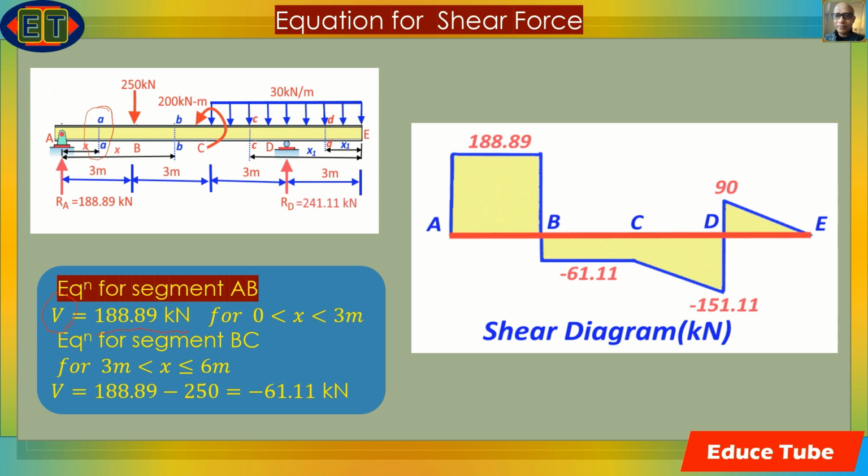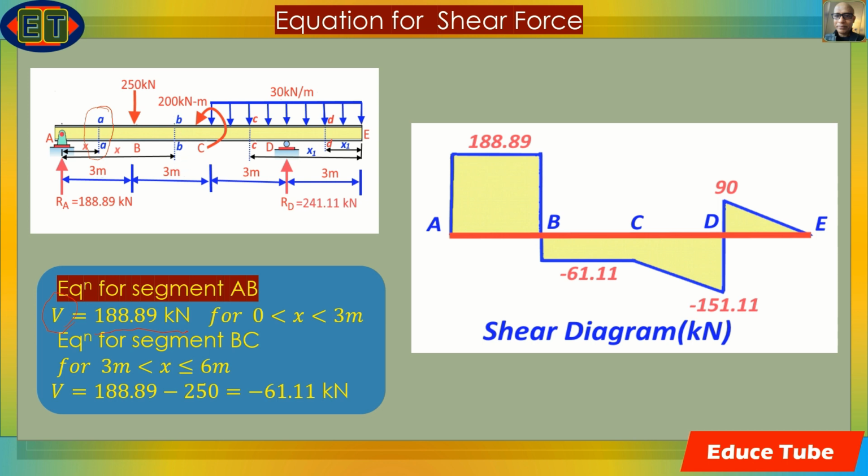And a horizontal line from A to B. It means up to B, shear remains constant in this segment. That is why 188.89 will be horizontal.